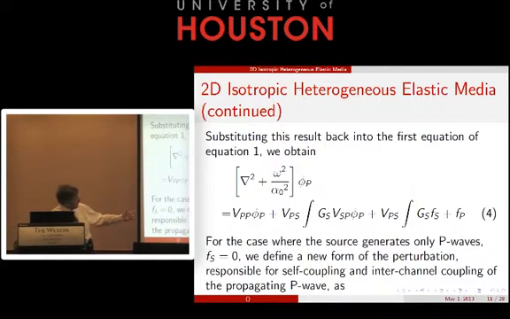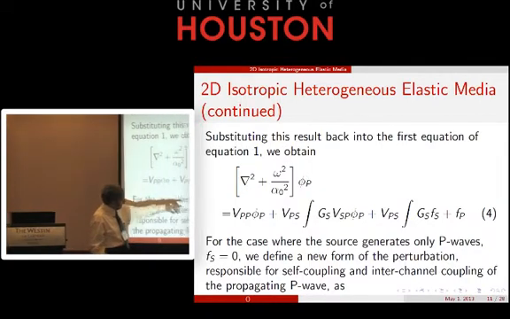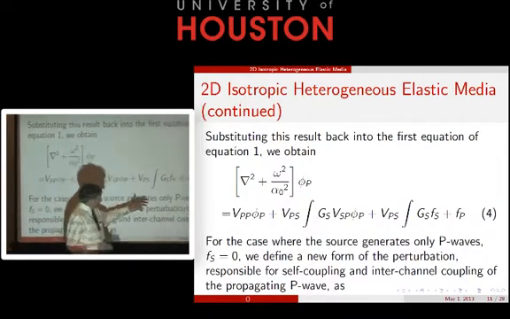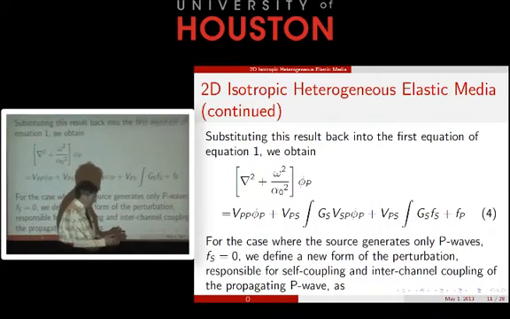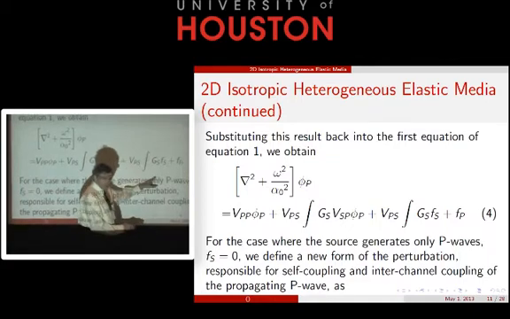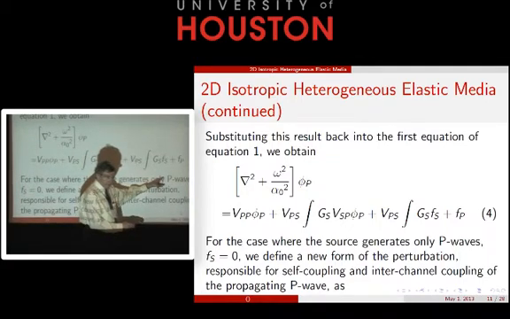So now you substitute, you have one equation for phi P, and then you can further reduce: you can assume I'm in water, so my source is P. This is gone. Yes, this is a shear source.